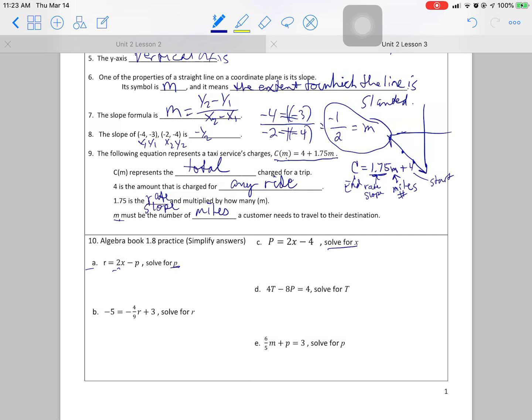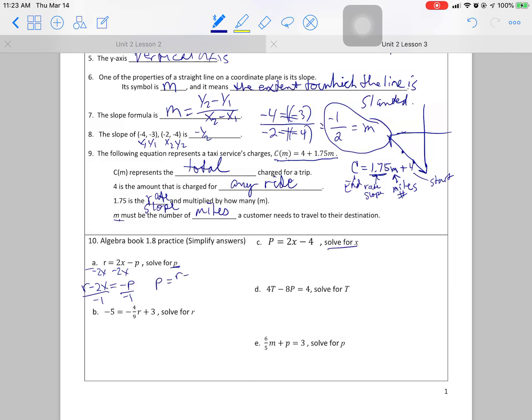That means we're moving other terms away from it. Okay. That leaves me my negative P. Don't forget that negative goes with the P on that side. And over here, these are not like terms, so do not add them together. So that goes here. All right, and I need a P alone, not a negative P, so I need to divide by a negative 1.